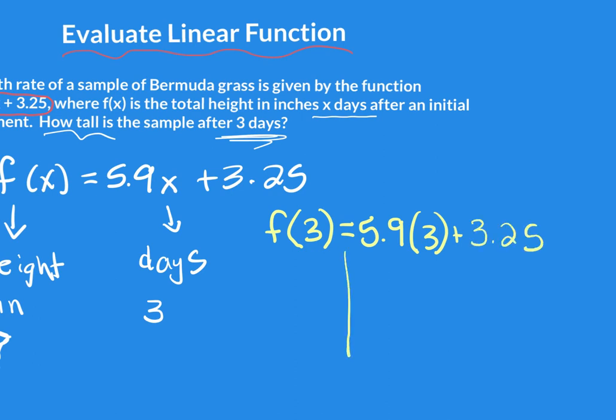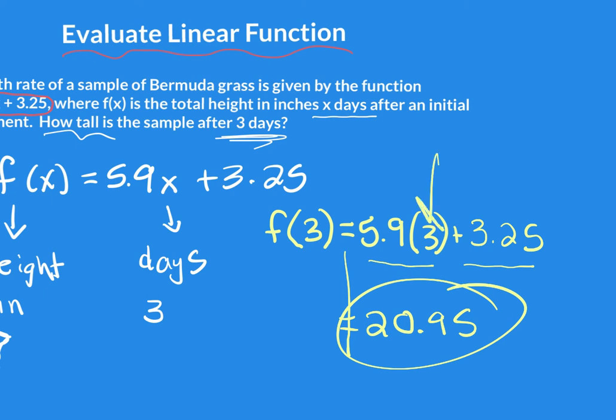So all we have to do, 5.9 times 3 plus 3.25, and we should get 20.95. So that means after 3 days, the height is 20.95 inches.